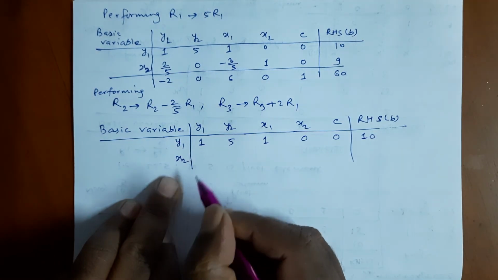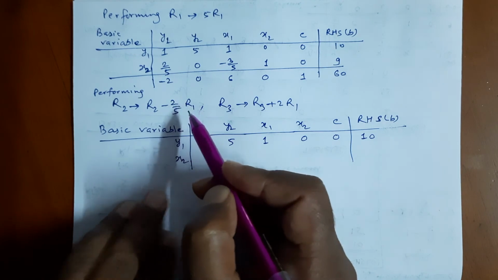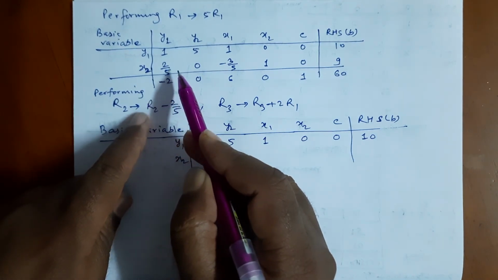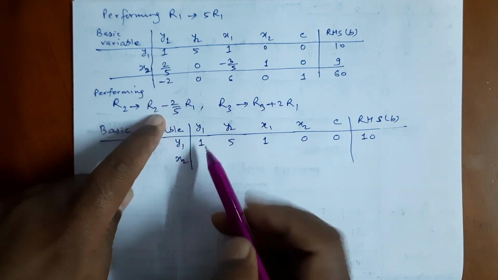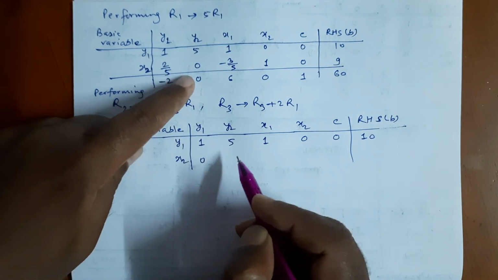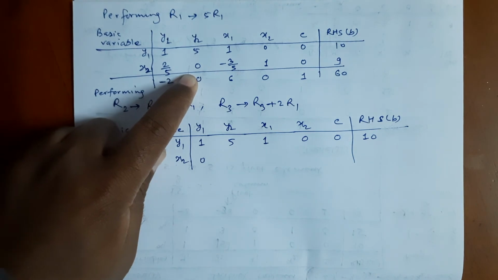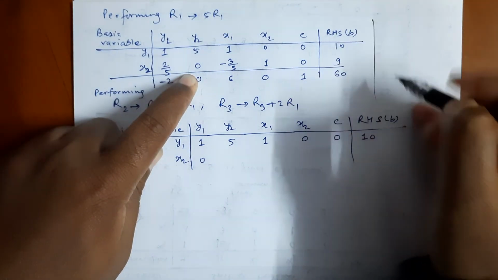Here from R2 we subtract 2 by 5 of R1, R2 minus 2 by 5 of R1, that will be 0 here. And let's do rough work here on the right side.